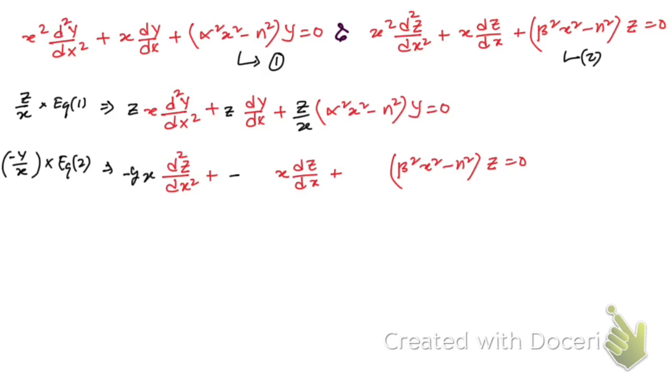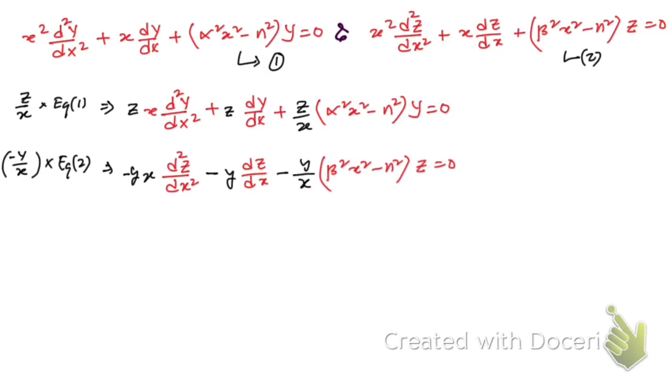And if you multiply here minus y by x, then x cancel, so we're gonna get here minus y, so this plus will be minus y into dz by dx, right? Dz by dx, that's what we're gonna have. Then here this plus gonna be minus y by x, so let me write here y by x into this is what we're gonna have, right? So hope you have understood this.